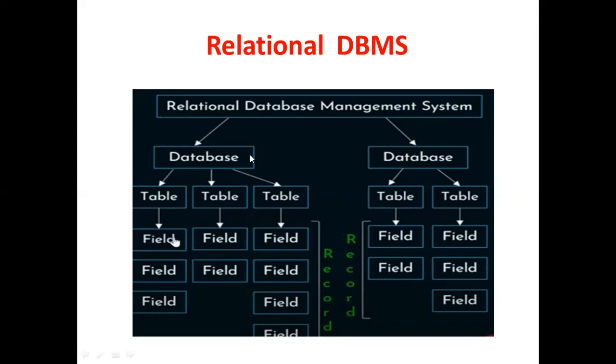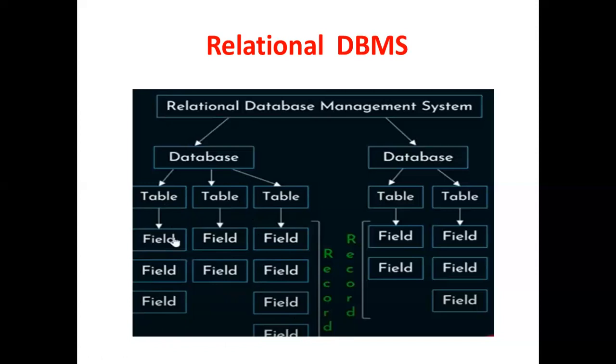So this RDBMS is a collection of many databases. Each database consists of many tables. Each table consists of different kinds of fields, and a group of these fields is called a record. In this type of DBMS the relationship is maintained.